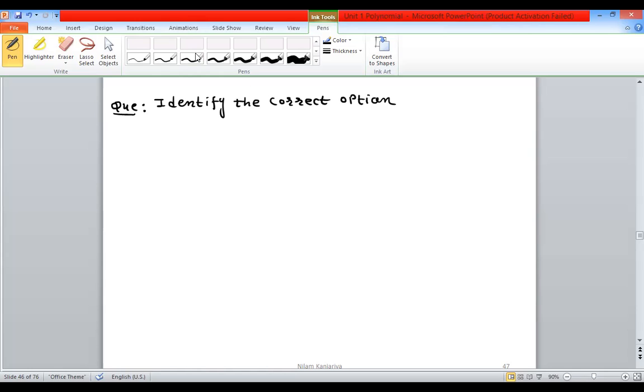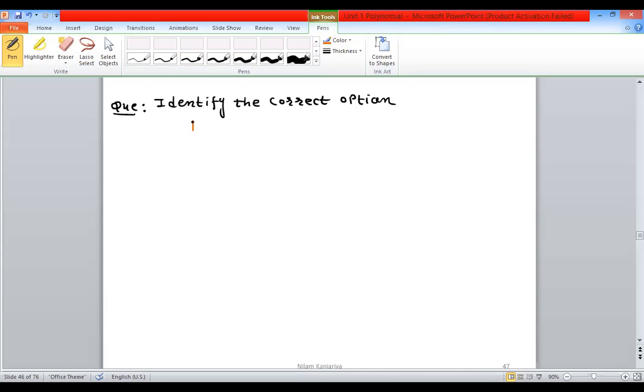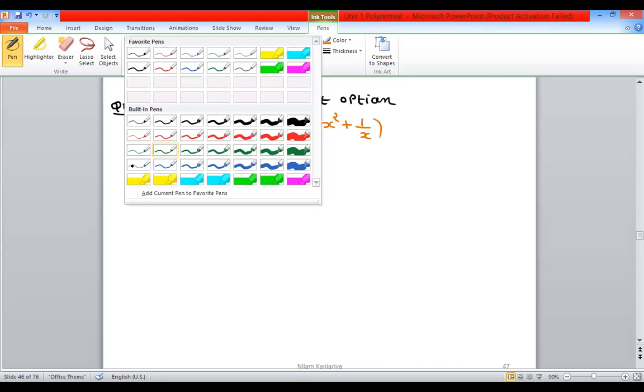And your question is, this is a polynomial P of x, and it is written like 3x square plus x in product with x square plus 1 upon x. Okay, this is the question. Look at the options and tell which option is true.